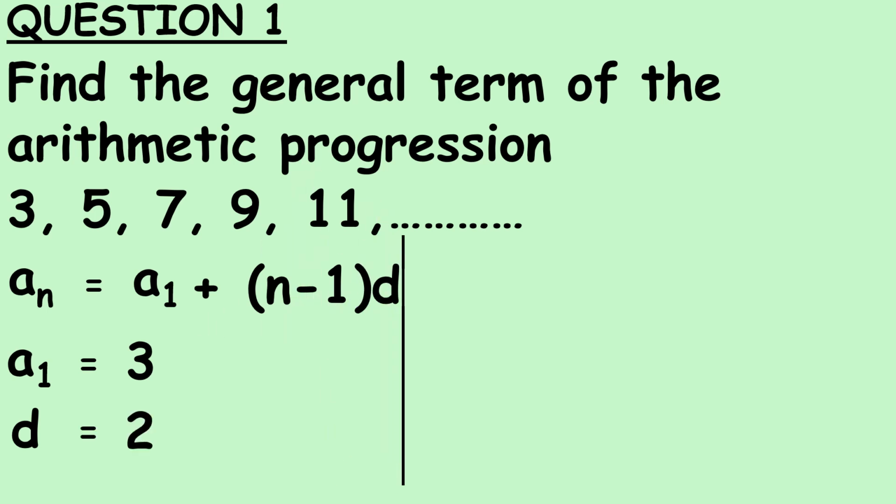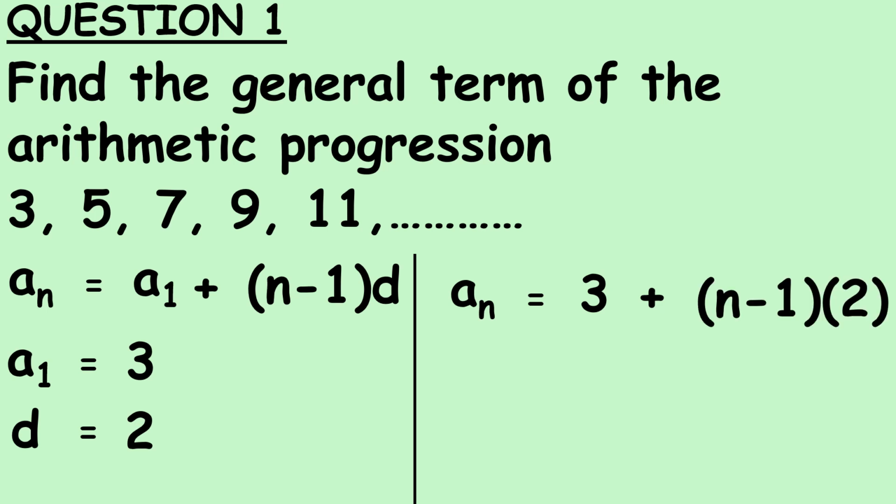So what we'll simply do is substitute into that equation. Wherever we see a1, we put 3, and wherever we see d, we put 2. So that gives us a_n equals 3 plus (n minus 1) times 2, because d is equal to 2. Let's simplify that. 2 will multiply the n, it will be 2n, and 2 will multiply the minus 1, and that gives us minus 2.